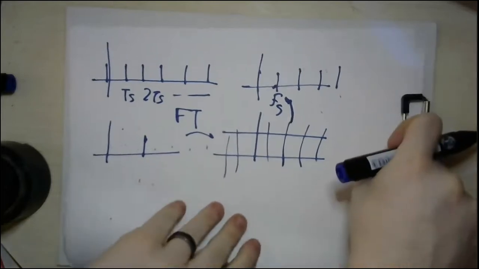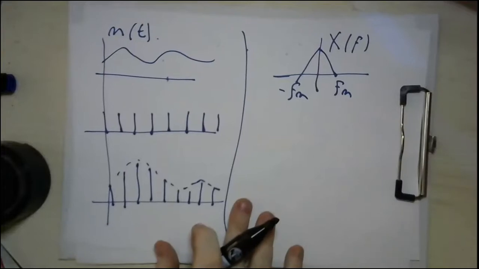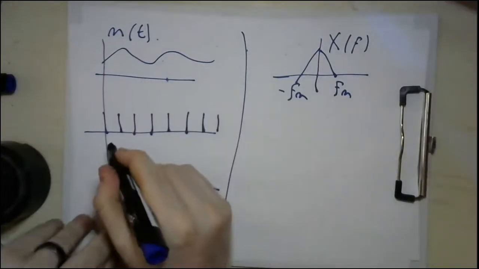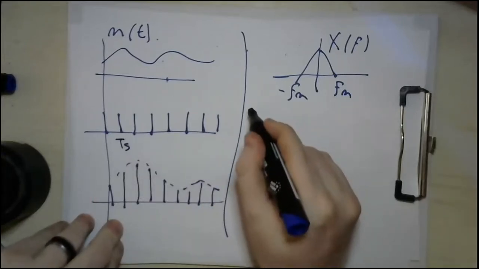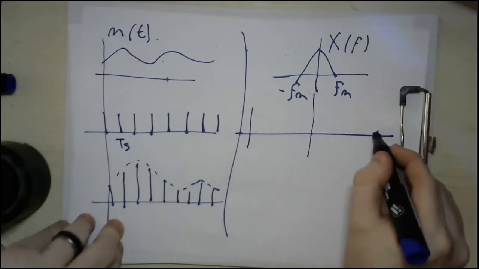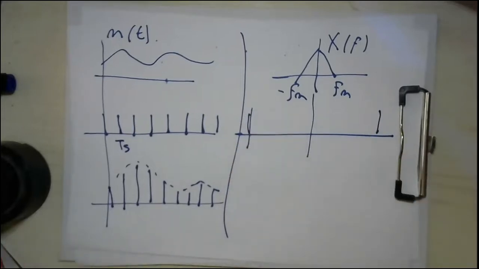So now I can return back to my example where this is the time domain and this is the frequency domain. Now you know that if this is a train of impulses in the time domain, then automatically you will get another train of impulses in the frequency domain. But as you can understand, time and frequency are reciprocal.